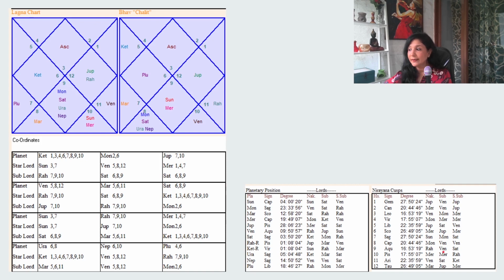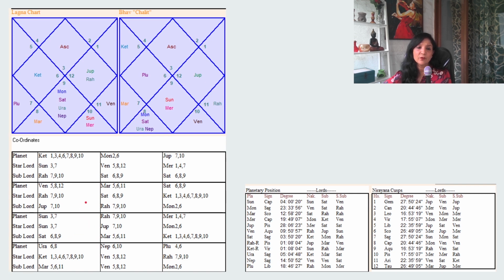And then 10th will tell about career. So in KP we see cusp and mark the self-significators, check the star lord script, position in bhav chalit, and then see sublord script. And then towards the end you have to see whether the sublord supports the star or negates.